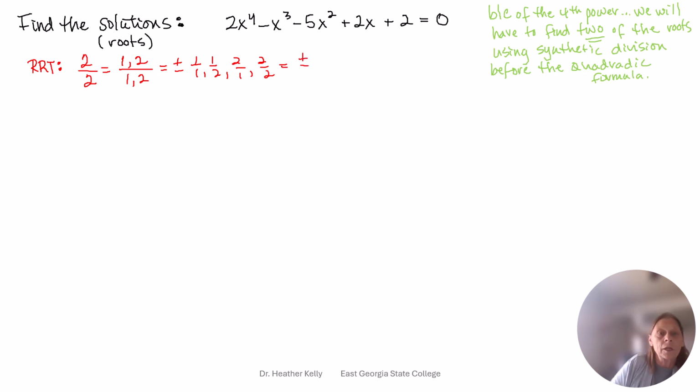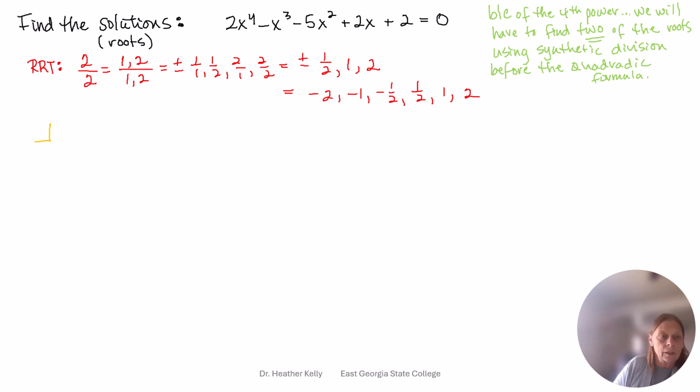So plus or minus, and I'm going to go ahead and put this in order, 1/2, 1, and 2, and I think I'll even put it so that I can mark them off. So I'll have -2, -1, -1/2, 1/2, 1, and 2. Okay, excellent. So we've made our list.